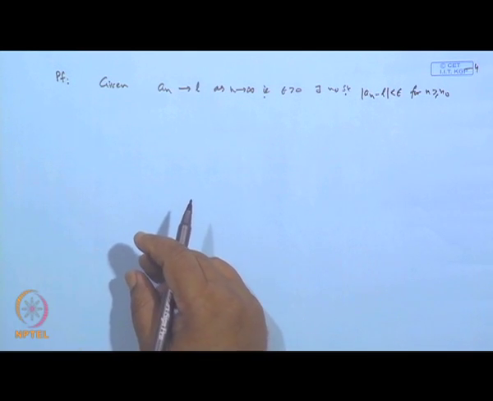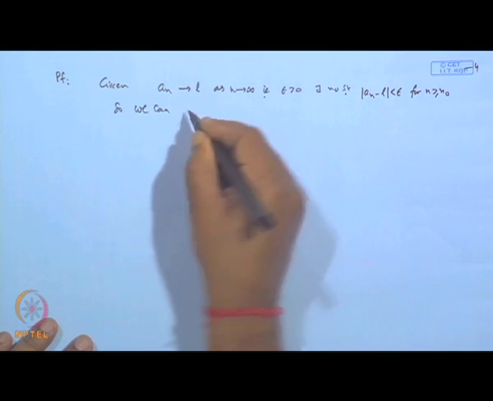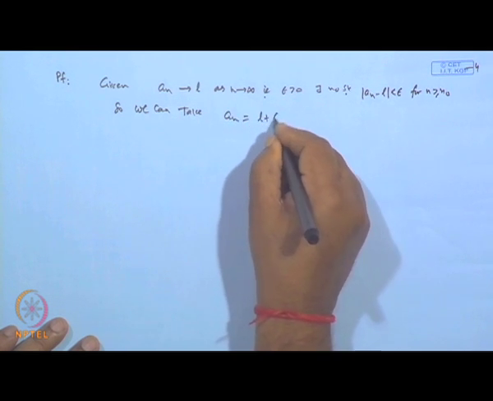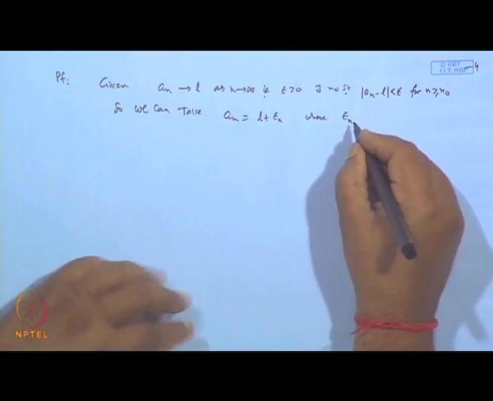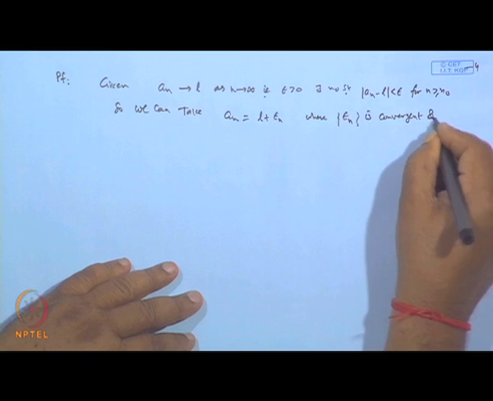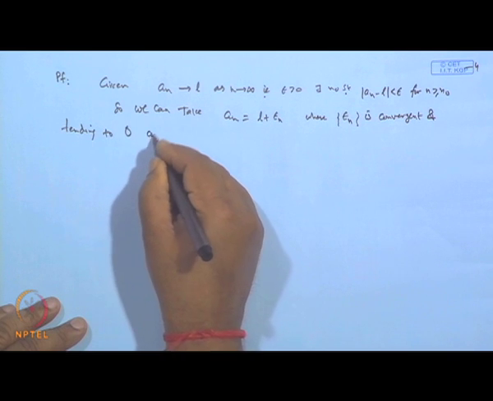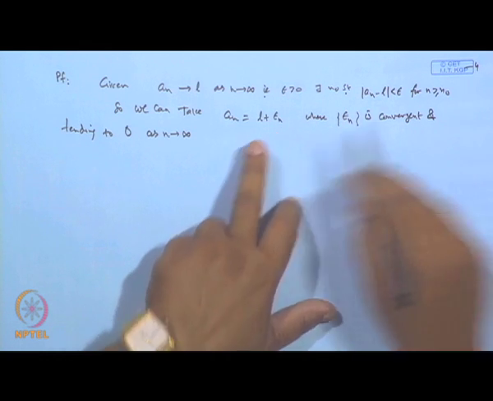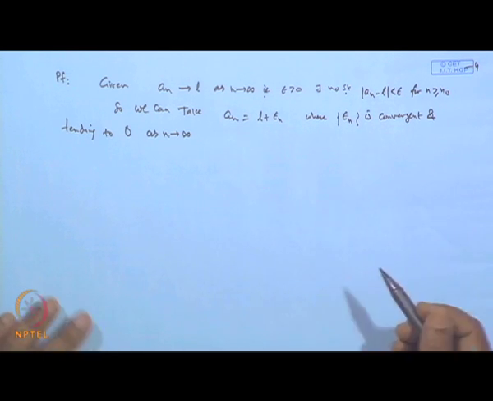So what we can do is we can take a n as L plus epsilon n, where this sequence epsilon n is convergent and tending to 0 as n tends to infinity. It means a n minus L can be made as small as we please after a certain stage. Okay.